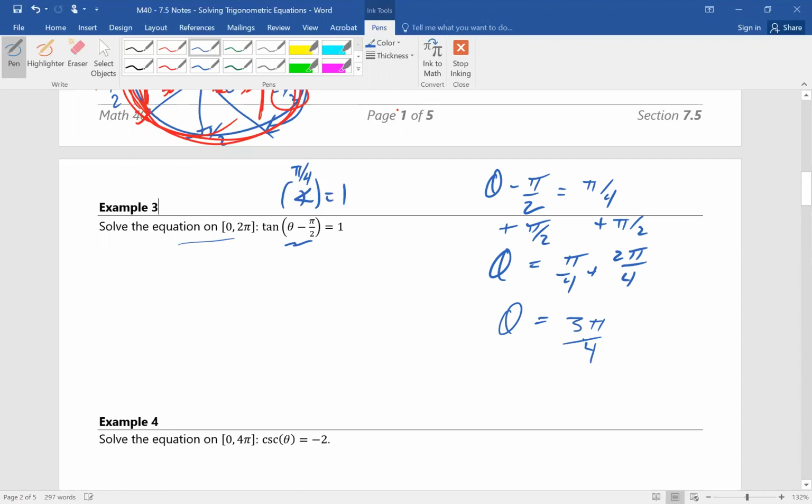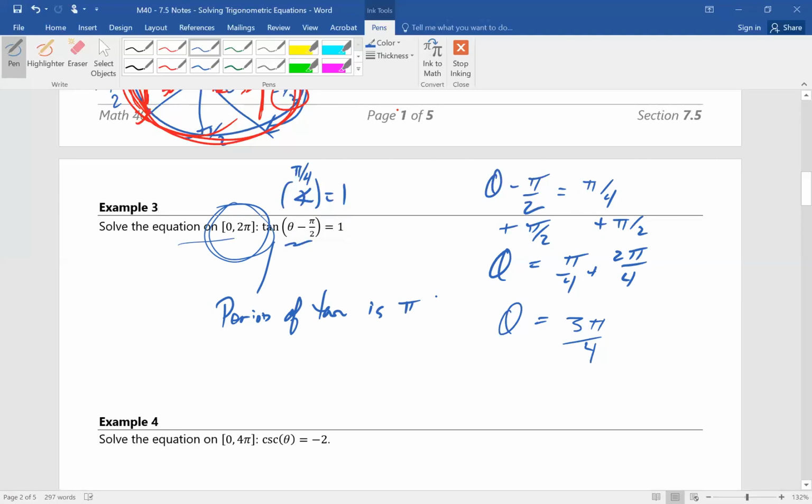And that's your answer. Now, remember, if you want all the angles between 0 and 2 pi, 3 pi over 4 is only in the top half of that circle. Here's the thing, the period of tangent is pi, like sine and cosine were 2 pi.